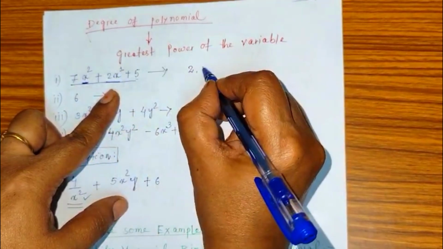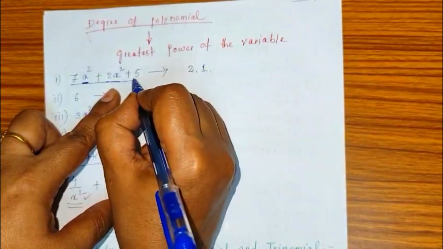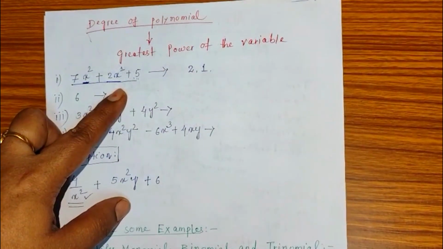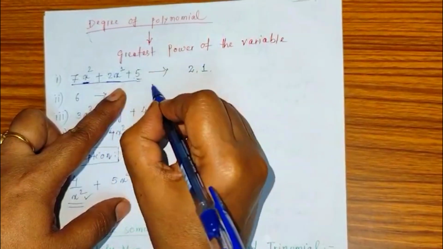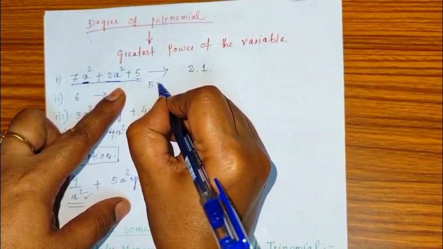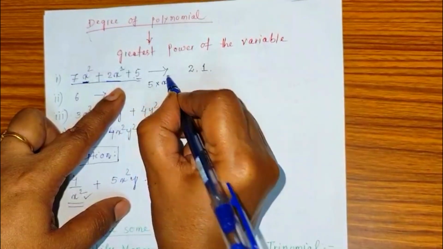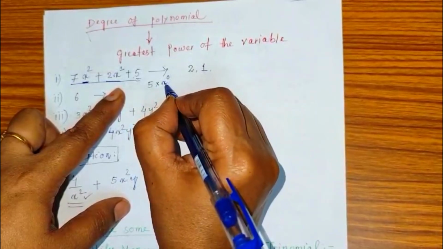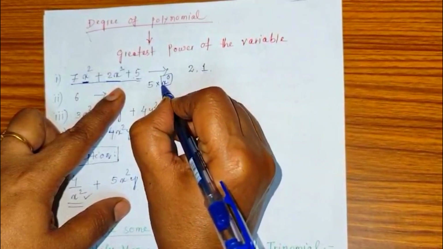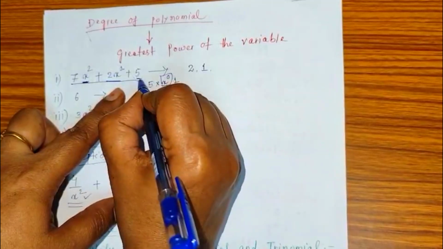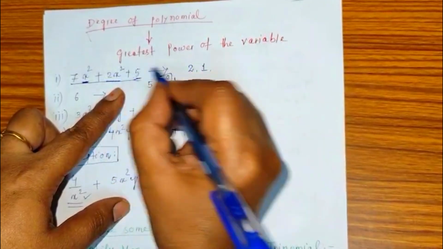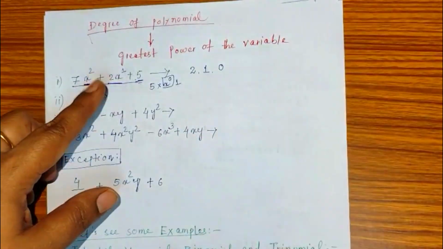Then 5. Suppose if any number is given, that number is nothing but 5 into x to the power 0. Any variable to the power 0, we are taking it as 1. So for this, the degree is 0.